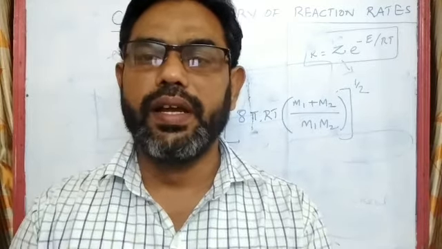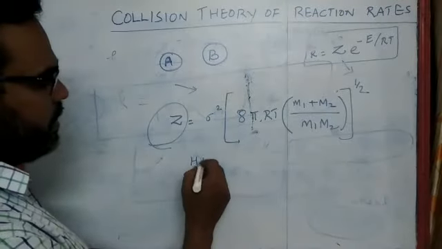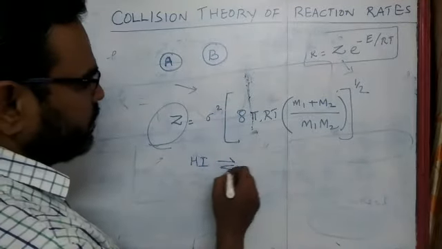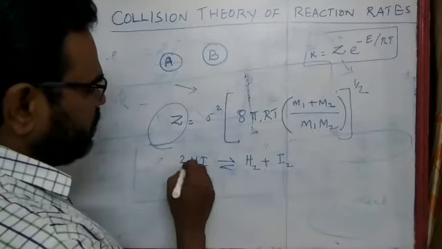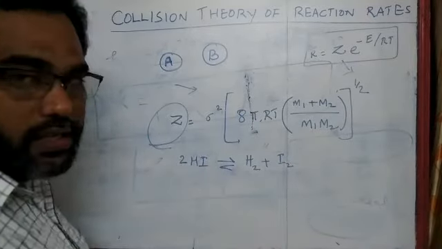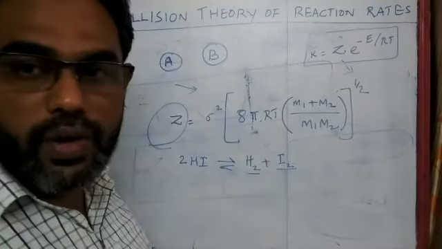Say for example, the decomposition of hydrogen iodide. Hydrogen iodide decomposes to give H2 and I2. So two similar molecules of hydrogen iodide decompose to give hydrogen and iodine.